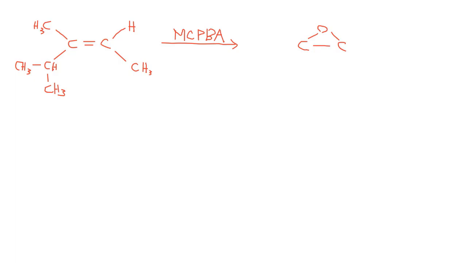Now the ones that were on the bottom have now come out towards us, right? And that's going to give us CH3 here, CH3 here, and the ones going away from us, it's the CH3 back here.